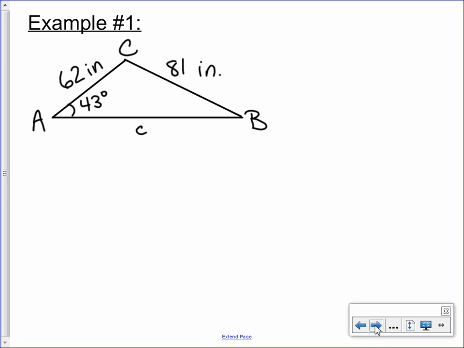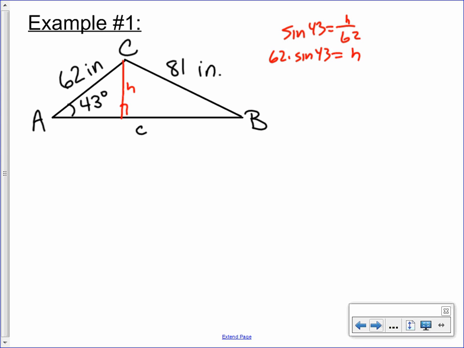Okay. Again, to figure out if you have a triangle, just go ahead and drop the height. So the question is, do we have a triangle? Using the law of sines, you can see that sine of 43 is equal to h over 62. So 62 times sine 43 is h.